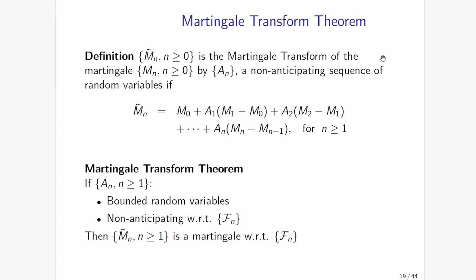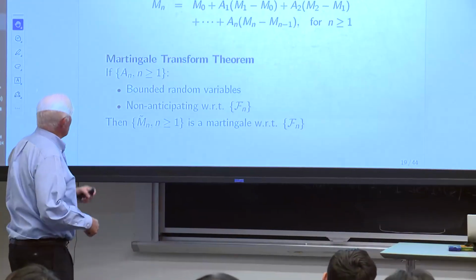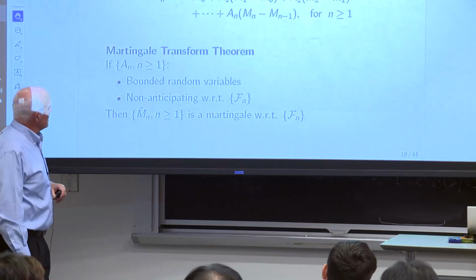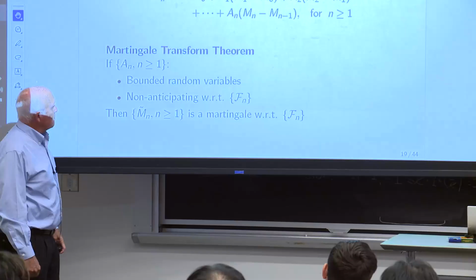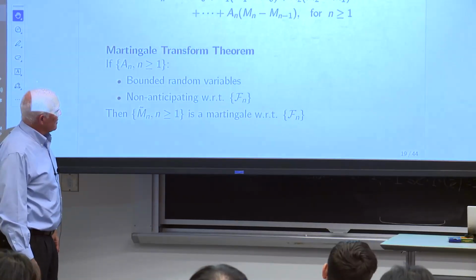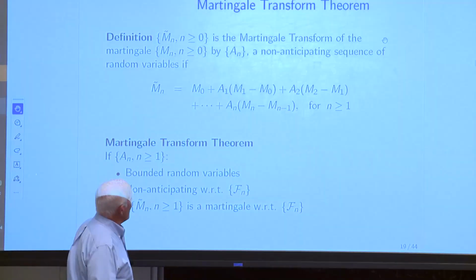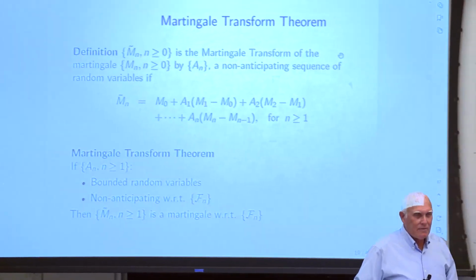If we take the expectation from time 0, then by conditional expectation properties, the a's are fixed given the information up to time j minus 1, and the variation of the martingale process from time j minus 1 to j has expectation 0. Anyway, the martingale transform theorem says that this m tilde n process is a martingale also with respect to the information sets F_n. And we often call this collection of information sets a filtration.